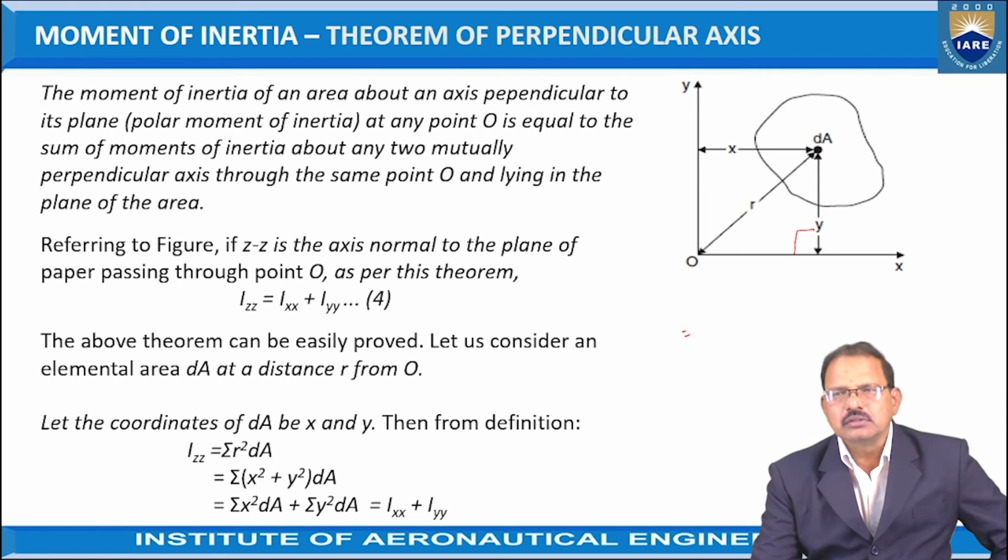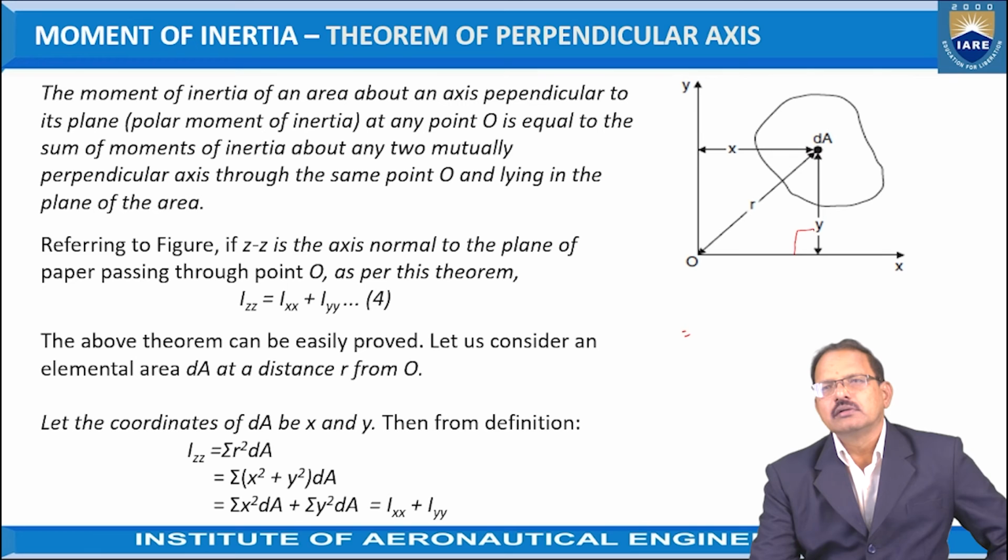Then IY is equal to sigma dA x square. Similarly, IX is equal to sigma dA y square. Then the moment of inertia of that plane area about the Z axis is equal to sigma dA r square. So r square we can take as x square plus y square according to the triangle.